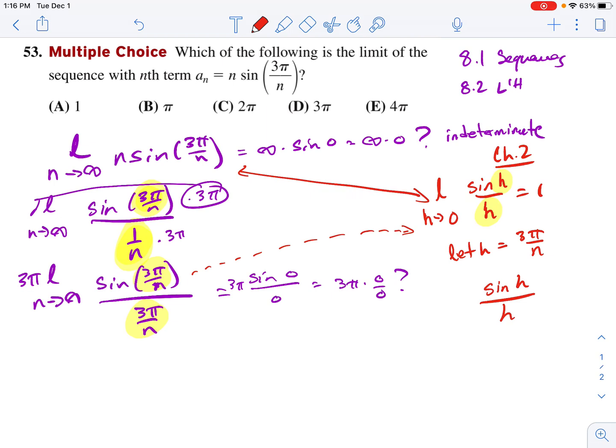Now the question is, what is our limit? I would argue that when n goes to infinity, like we have over here, we know that h goes to 0. Right? If n goes to infinity, doesn't h go to 0?